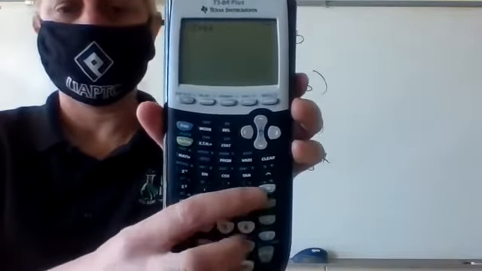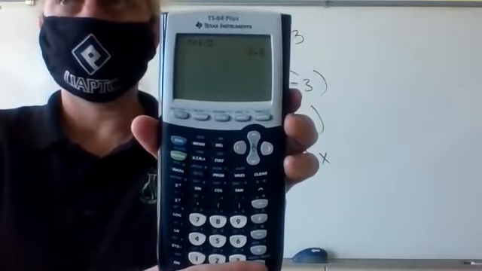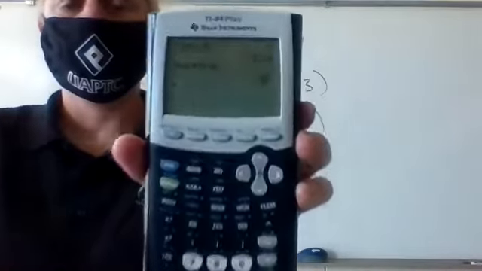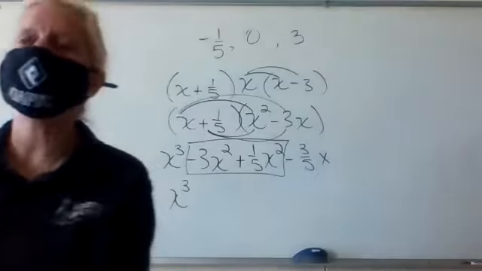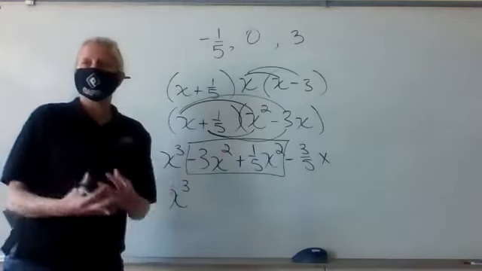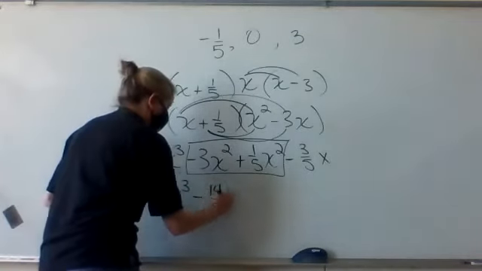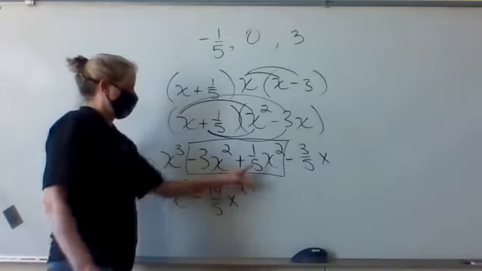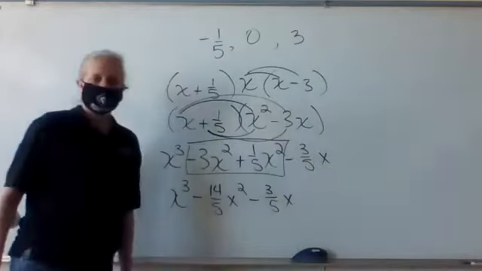So 1 divided by 5. There's your decimal. Math, enter that. So that gives me negative 14/5. I'm just putting my x squareds together. So negative 14/5 x squared from putting those together, and then just bring down the minus 3/5 x.